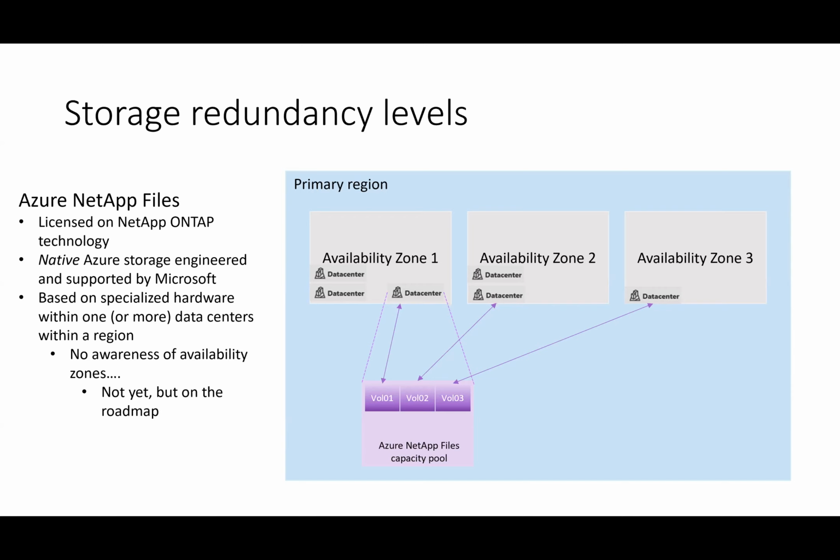So anyway, ANF, I'll say it's awesome storage. It is all NFS mounted. It could also be SMB mounted for Windows, but NFS for Linux, and it is typically our lowest latency storage, downwards of about 200 to 300 microseconds latency. So that's pretty good stuff there.